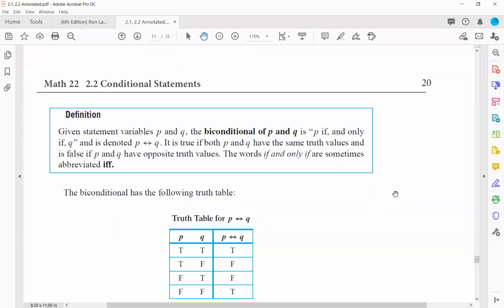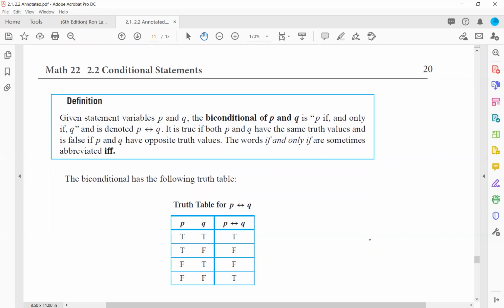Let us define the biconditional statement. A biconditional statement is the same as an equivalent statement. So we say that two statements like P and Q are connected together by the biconditional operator if the truth values for both of them are the same, like true and true is true, false and false is true.